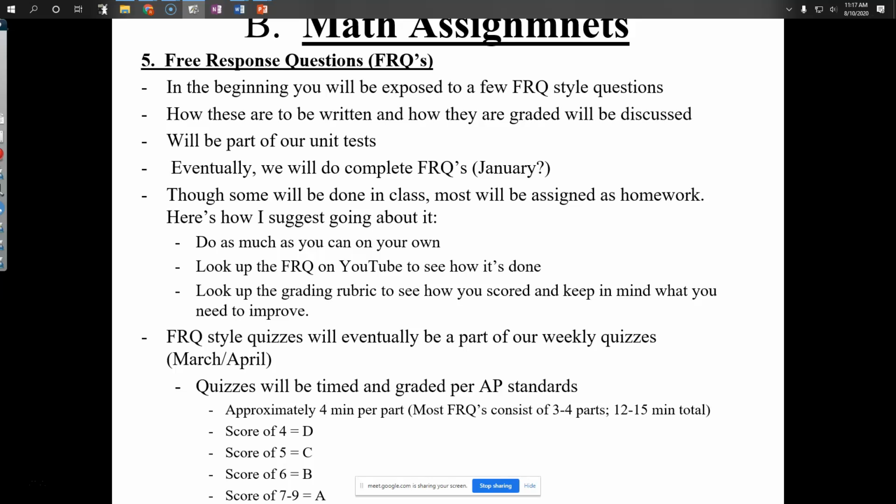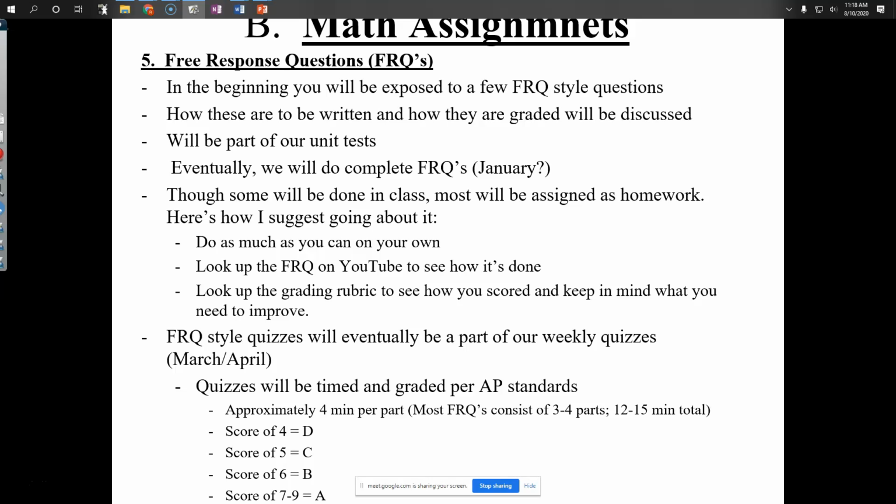And we're going to gradually work our way through that book. The reason for that is because by the time you've worked your way through that book, when you actually take your AP exam, I guarantee you the test you take will look almost exactly like everything we've done. You'll get very used to the test. So it's a great resource, but we won't have it till later on in the year.